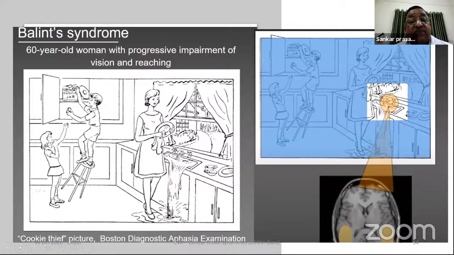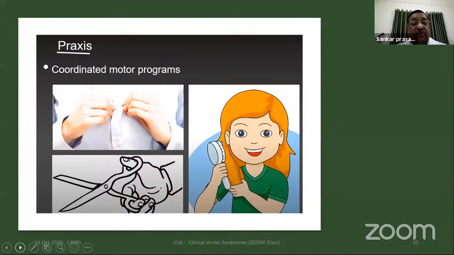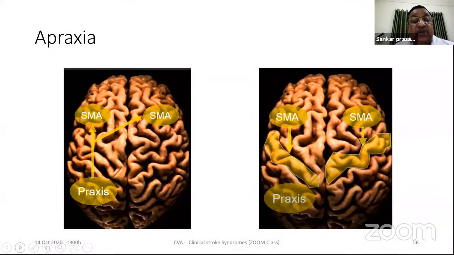Praxis, the coordinated motor programs. When you are buttoning, scissoring, telephoning, combing, there are so many coordinated actions taking place, and these are controlled in a particular area on the left side, the parietal praxis area, which is connected to the ipsilateral supplementary motor area, which is also connected to the contralateral supplementary motor area through the anterior segment of the corpus callosum.